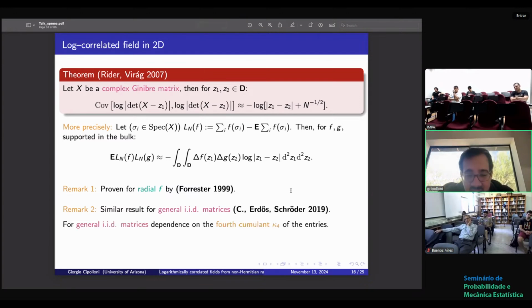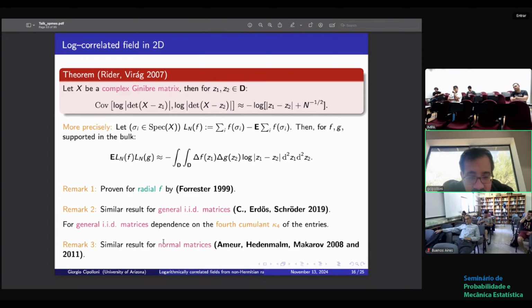And maybe one cute fact that I want to mention is that for general matrices, in the variance there is an additional term appearing on the right-hand side that depends on the fourth cumulant of the entries, which is, of course, not there in the Gaussian case because the fourth cumulant is 0, but in the general case it is there.